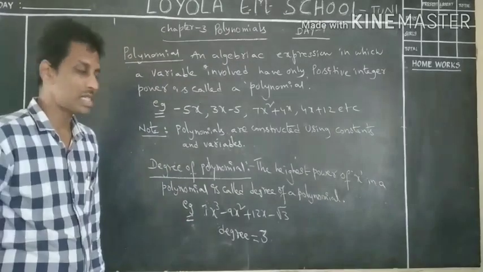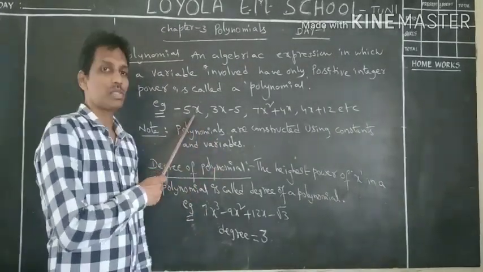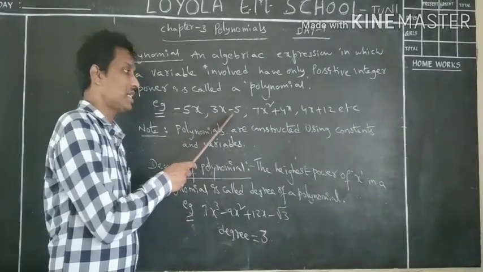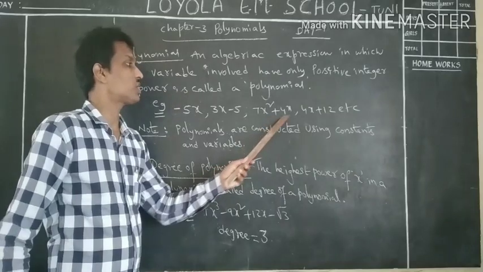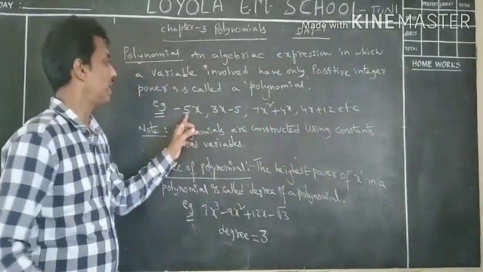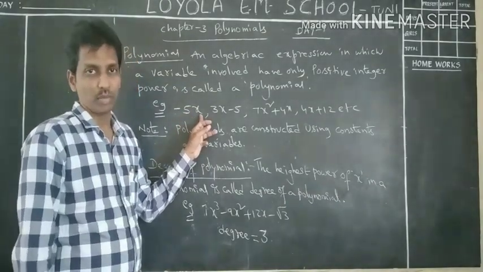Let us see some examples. Here I wrote some examples. Minus 5x is an example of a polynomial. 3x minus 5. 7x square plus 4x. 4x plus 12. Here you see minus 5x. Minus 5 is a constant actually. x is a variable.